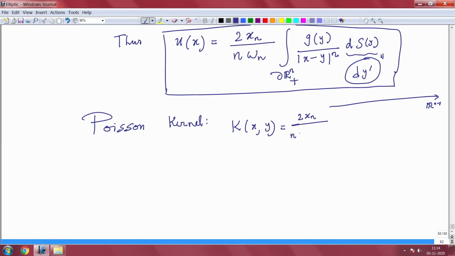I am writing down everything for this case, later you will see, over x minus y power n. This is your Poisson kernel, that is therefore your u x, a compact notation I am giving, integral of k of x y g of y, with a kernel, integral form.